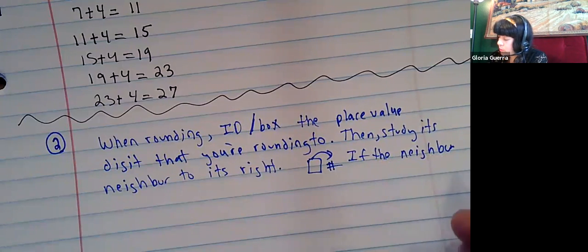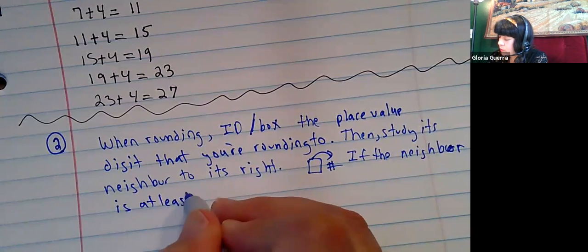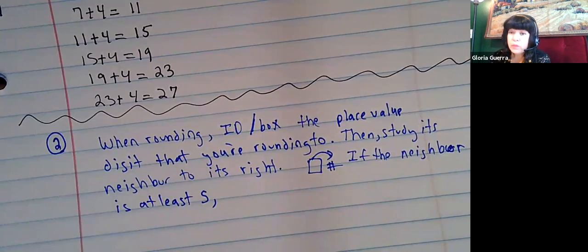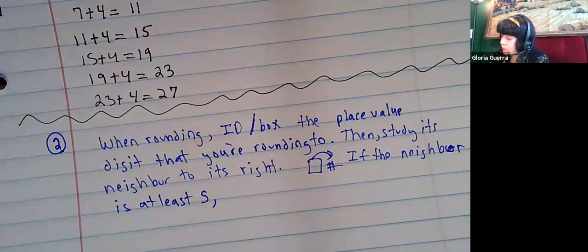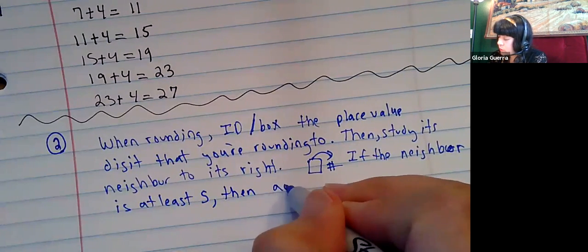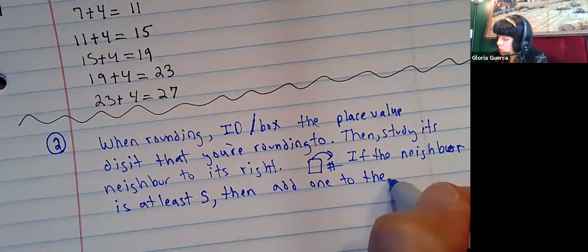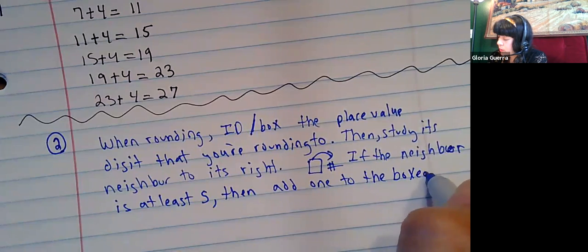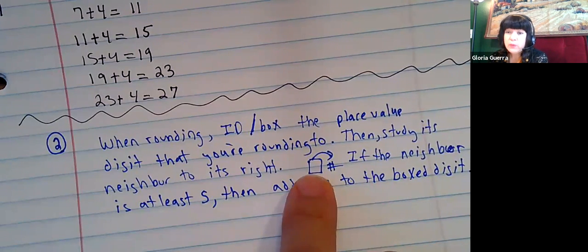If the neighbor is at least 5, and in our problem the neighbor was at least 5, then we're supposed to add 1 to the box digit. So you're supposed to increase this by 1.